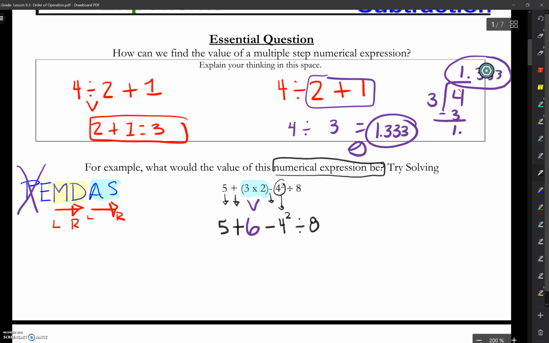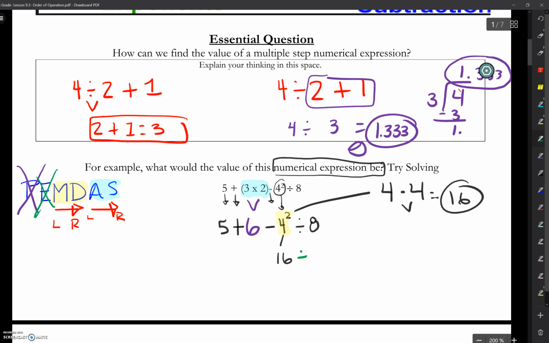Next thing I do, since I don't have any more parentheses, I'm going to do my exponents. E stands for exponents. And so I have an exponent here, 4 to the power of 2. Now remember, 4 to the power of 2 means 4 times 4. What's 4 times 4? It equals 16. So now I have 16, and I'm going to bring everything back down.